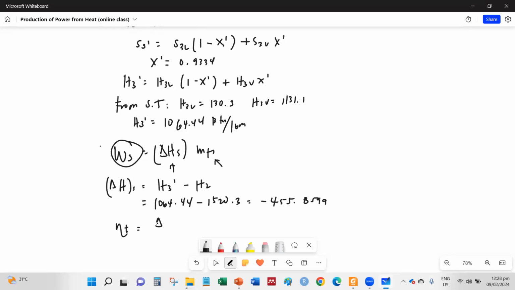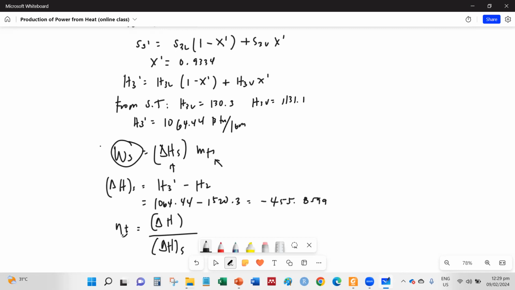Remember, it's the delta H actual over the delta H ideal, because the actual is smaller.